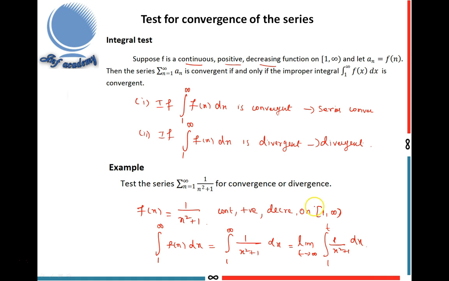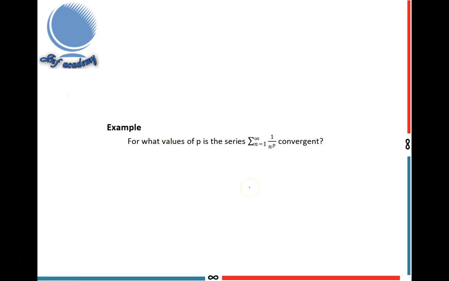The integration of 1 by x square plus 1 is tan inverse x, with limits 1 to t. First I substitute the upper limit t, and next I substitute the lower limit 1.